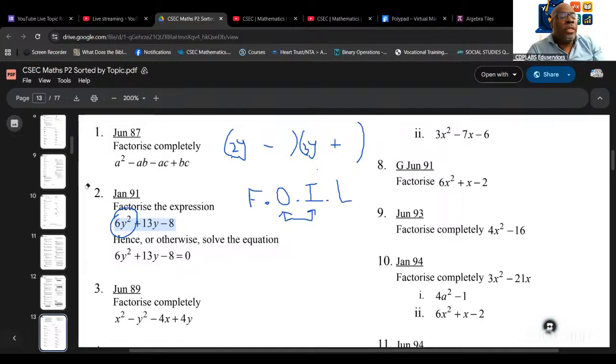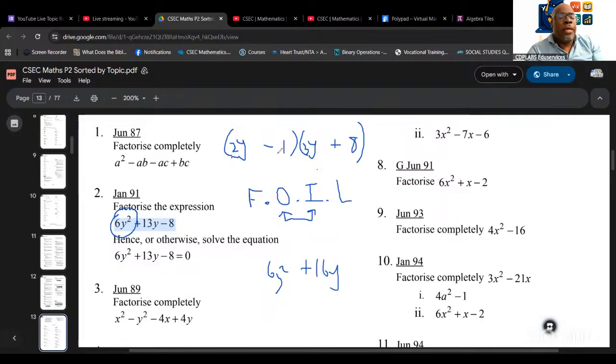So maybe we could try 1 and 8. Why not? Let's see. All right. So 6y squared again. And of course, you have the two outer ones. That will be 2 times y. 2y times 8 will give me what? Positive 16y.